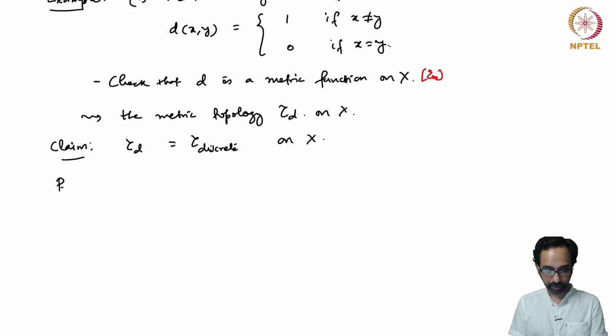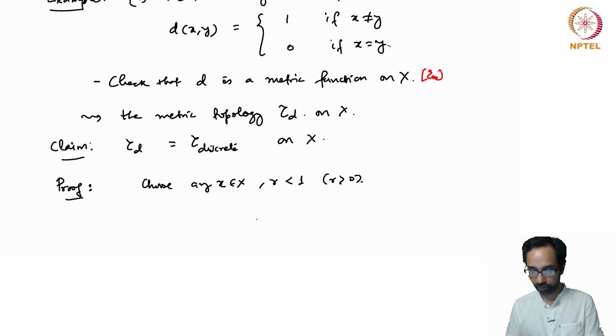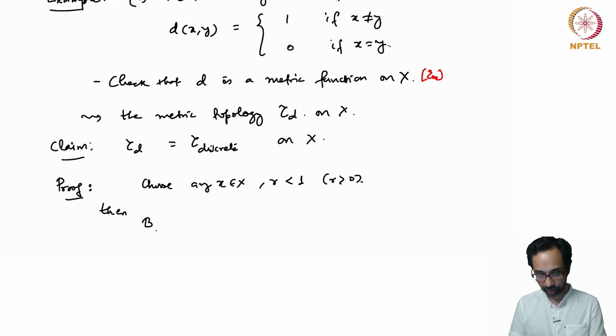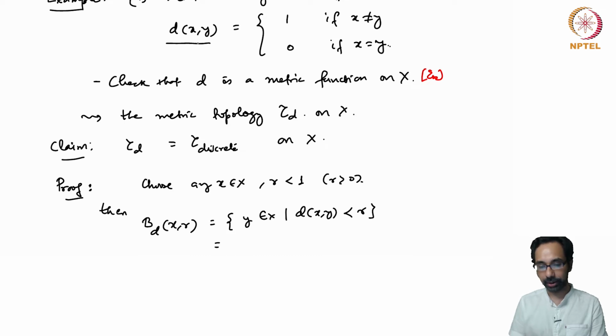To prove this claim, we simply note that if we choose any x in X and r less than 1, of course r is positive, then the set BD(x, r), which is the set of all y in X such that d(x, y) is less than r, is nothing but the singleton set {x}. Since r is less than 1 and your metric D only takes the values 0 and 1, if d(x, y) is less than r, then the only possibility is x equal to y.